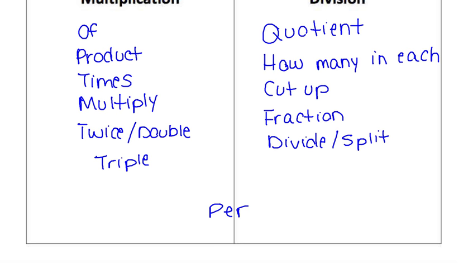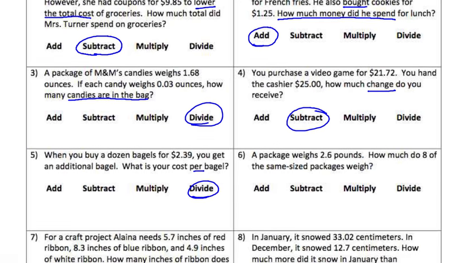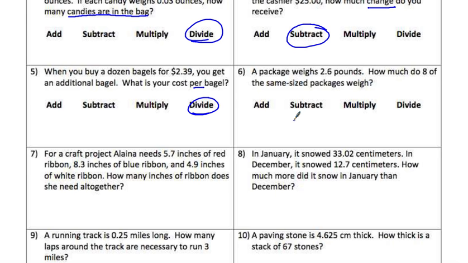So make sure you go back and add that in there. So back to this page. Number 6, a package weighs 2.6 pounds. How much do 8 of the same size package weigh? Well, I know the weight for one package. I want to know how much do 8 of the same package weigh, and that's going to be a multiply problem.